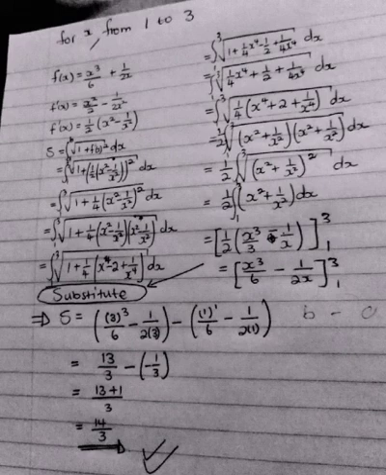So when we integrate x squared plus 1 over x squared, we'll have x cubed over 3 minus 1 over x, if you use the general formula x to the n plus 1 over n plus 1. Then you simplify everything, and we're going to have x cubed over 6 minus 1 over 2x.